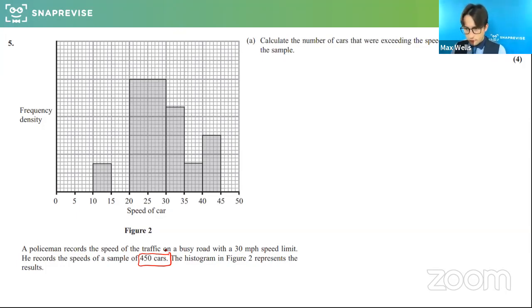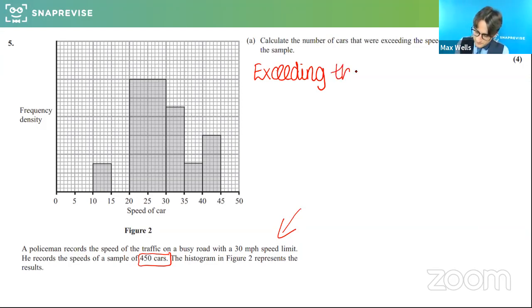Oh, sorry, my camera's blocking the question on this one. I keep forgetting that. So this is the information we need to start with. The question actually states, calculate the number of cars that are exceeding the speed limit by at least, yeah, I can see that's really blocking the key point here. Exceeding the speed limit. Can you guys see what I'm writing here?